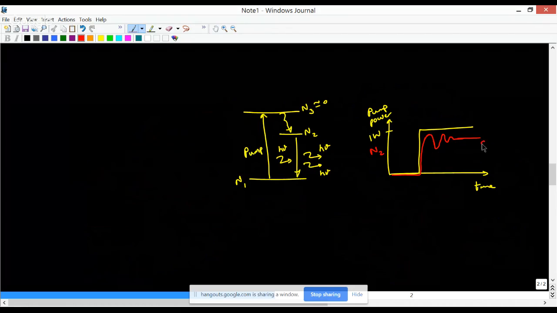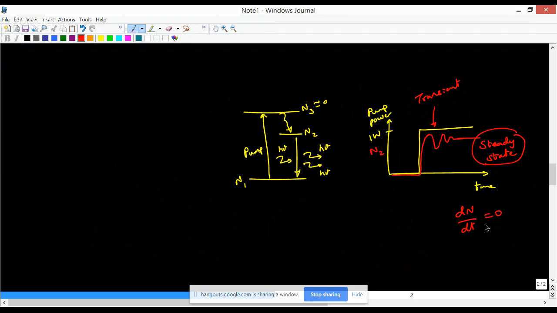Now this condition where it reaches a constant value is what we call the steady state condition, and this condition where things are changing is called the transient condition. For all the discussion that we had as far as this course is concerned, we were talking about the steady state condition, because in the steady state condition you can just say dN over dt equals 0.